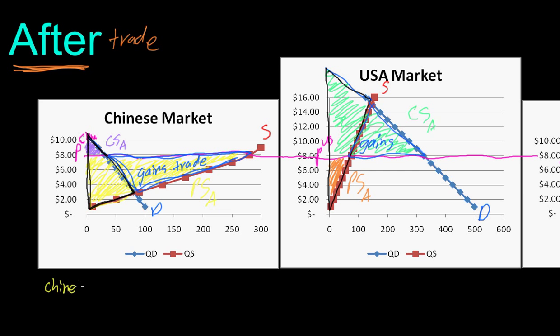Chinese consumers are a little worse off after trade. Because by opening their borders, the Chinese producers now are sending most of their toys overseas to the USA, which is increasing the price that Chinese consumers have to pay.